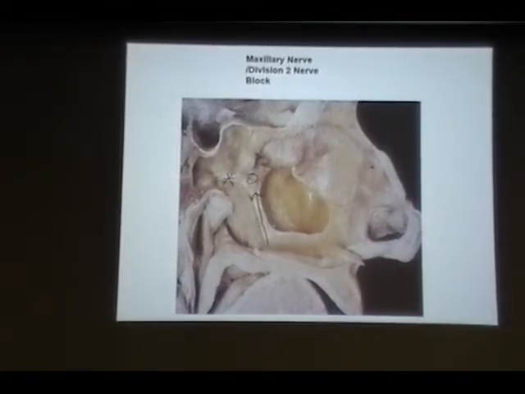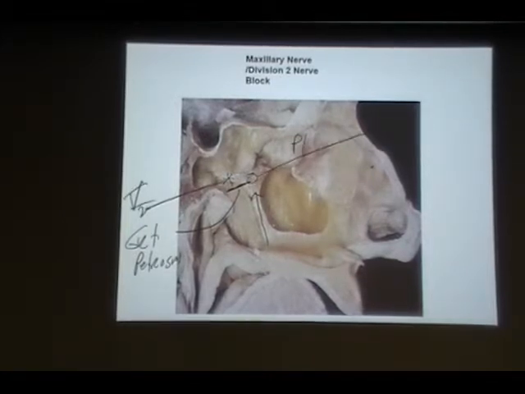And there's a tiny little hint of the greater petrosal nerve coming in here, okay? So this would be greater petrosal. This would be V sub 2. This would be pterygopalatine ganglion.